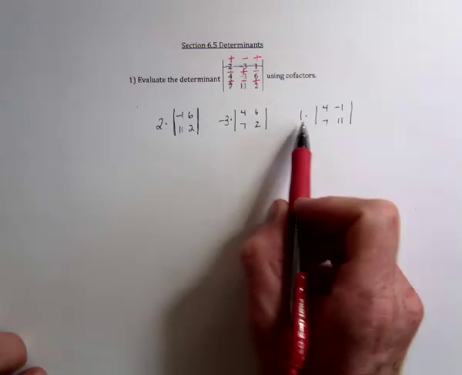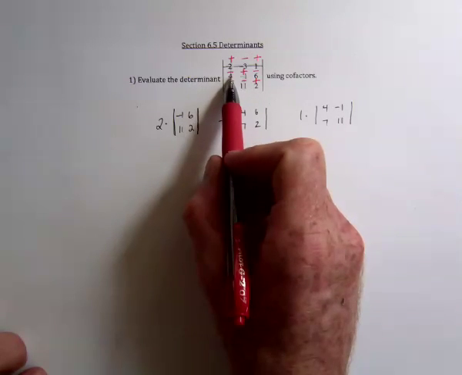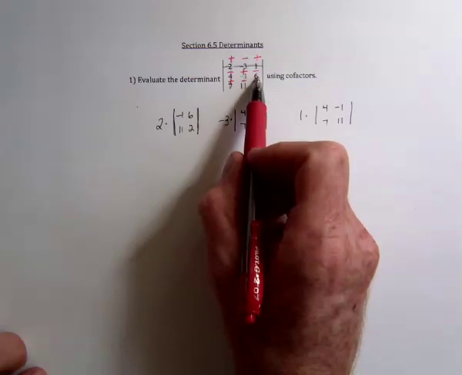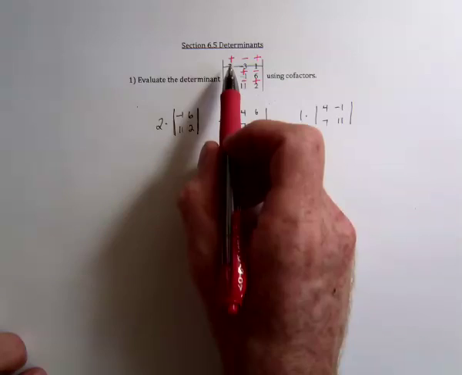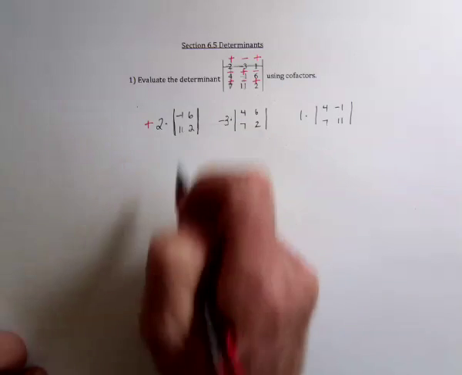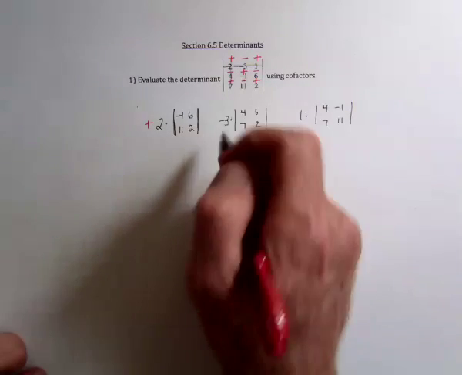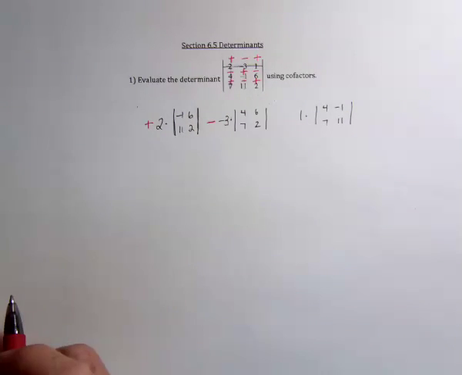But then for the 4 you attach a negative, for this you would attach a positive, and for this you would attach a negative. So we need to attach an extra positive on that, which actually doesn't change it, a negative for the middle one, which does change it, and then a positive on the last one.